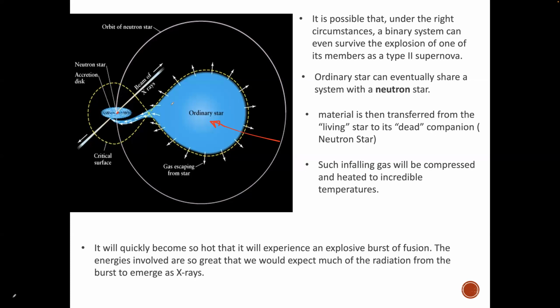In this binary system, the material from this ordinary star will be transferred towards the neutron star. As a result, this infalling gas from the nearby star will create a beam of X-rays like that, right?